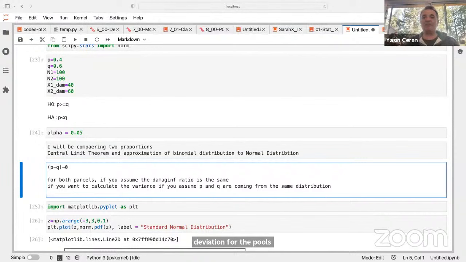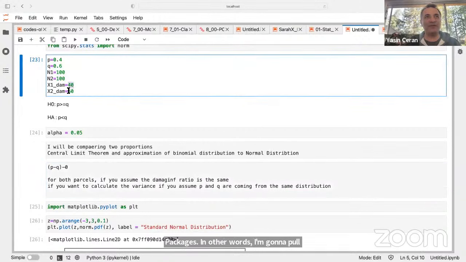In other words, I'm going to pool the 40 and 60. I will assume that all these 40 and 60 damaged packages are coming from the same ratio of damaged packages distribution.